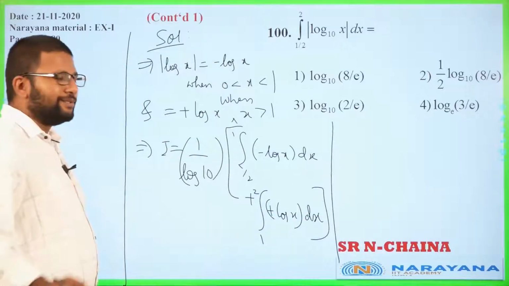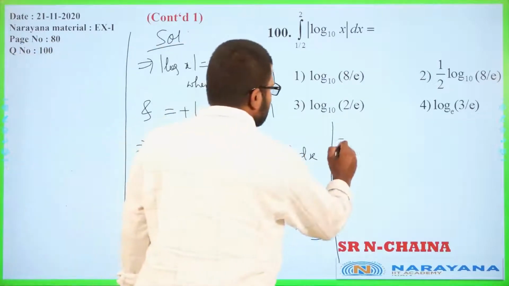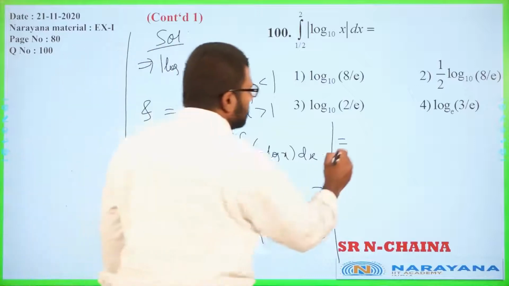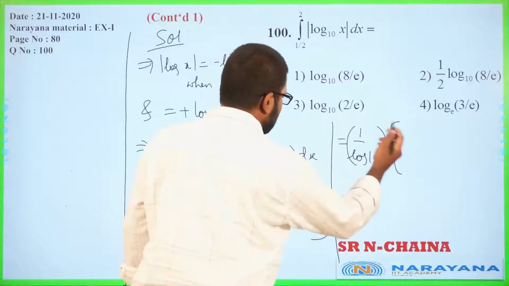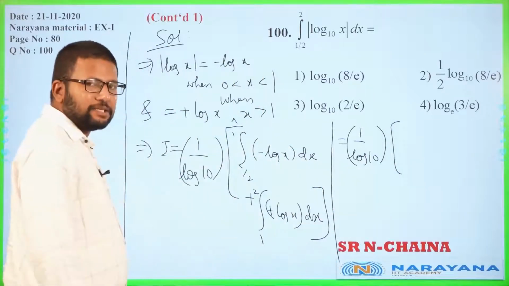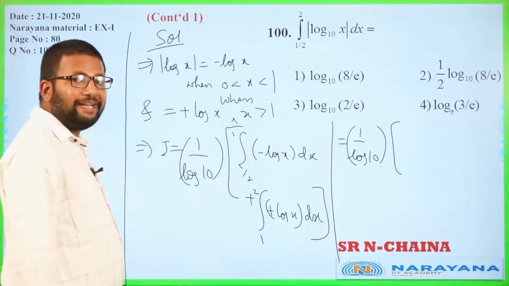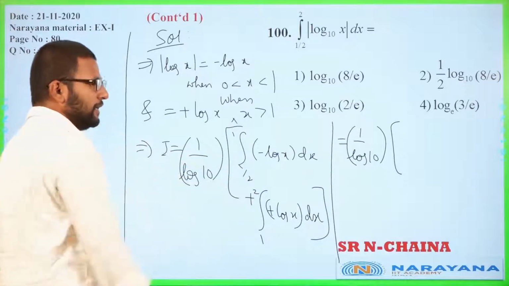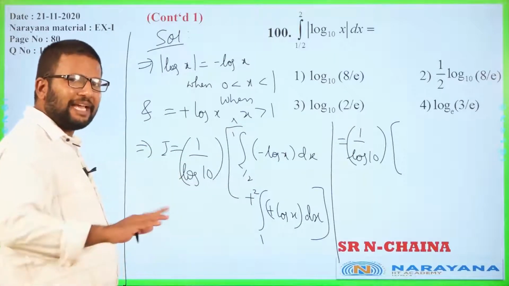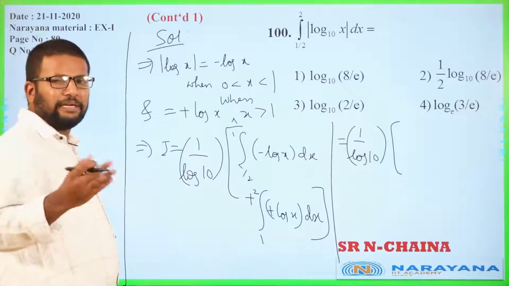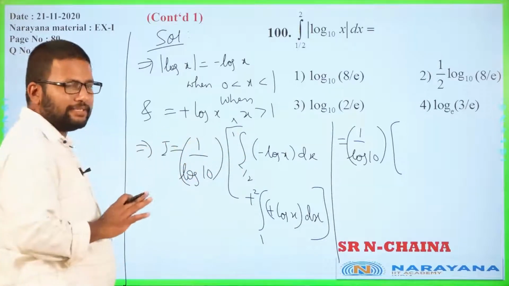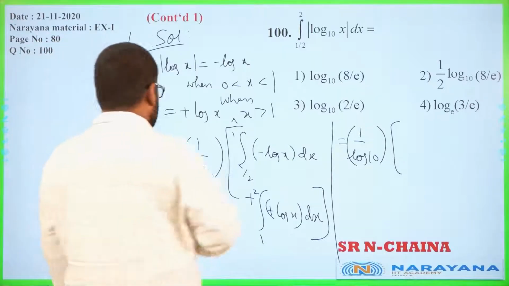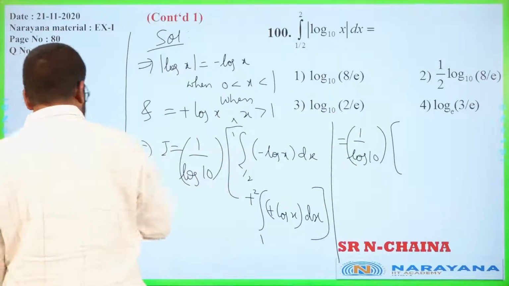So this is going to be equal to 1 by log 10. Now what is integral log x dx? If you recall from indefinite integration, integral log x is x log x minus x. We apply product rule and then it's a few steps. I am going to assume that you know that result. So let's just write it on the side.